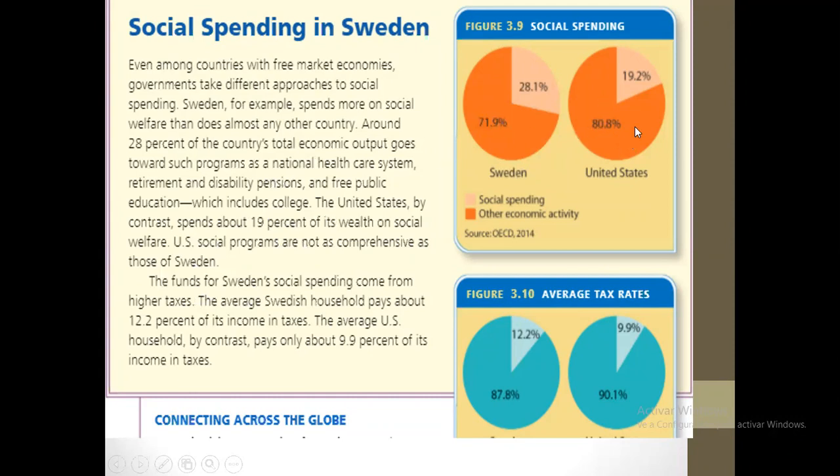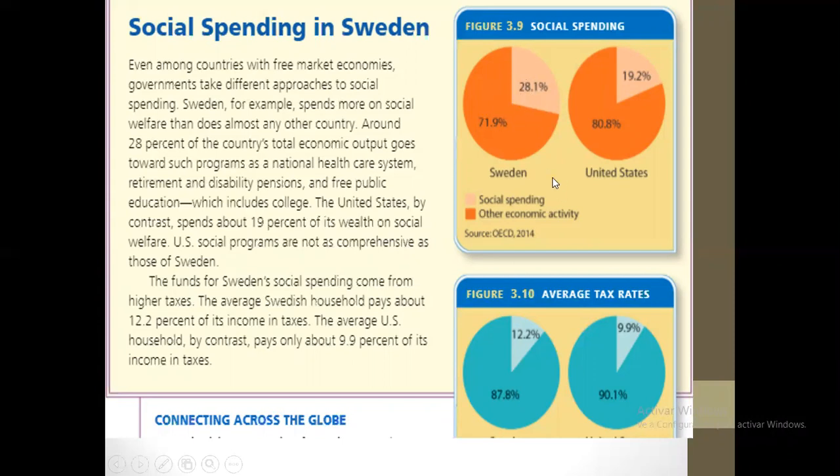Now in the United States, they only collect 9.2% of the total income. So I think the United States is trying to make this percentage bigger, to resemble or be closer to what is happening in Sweden.